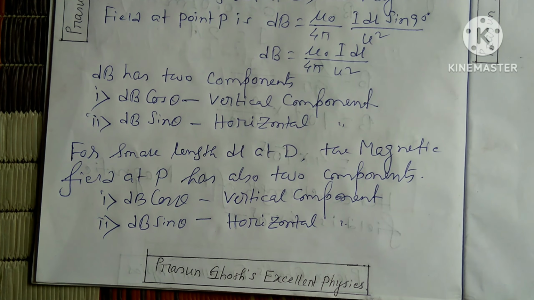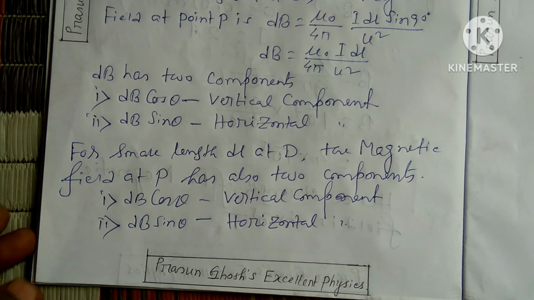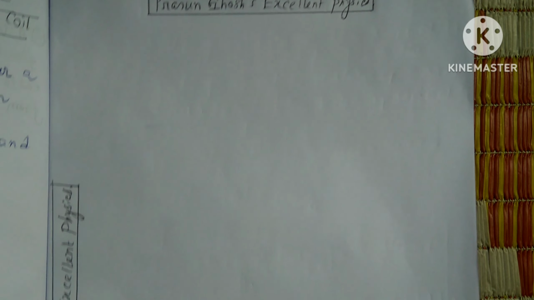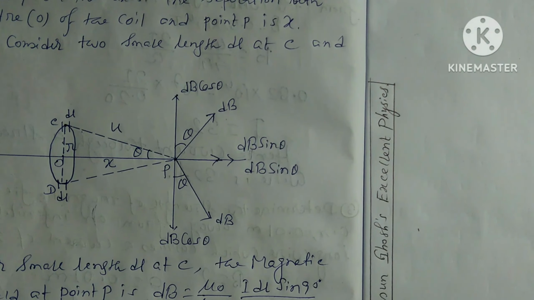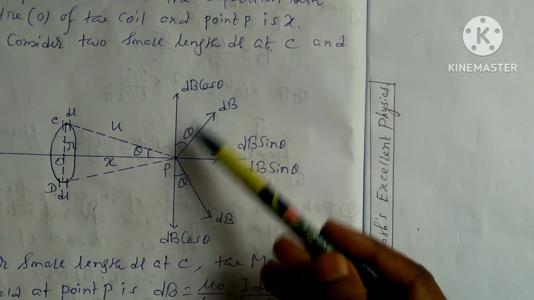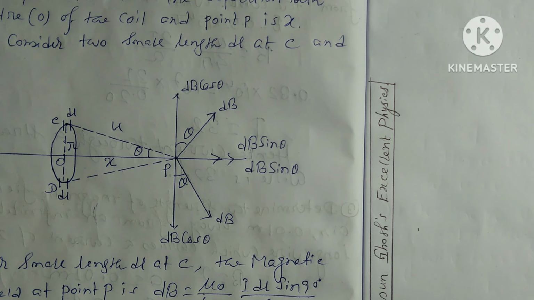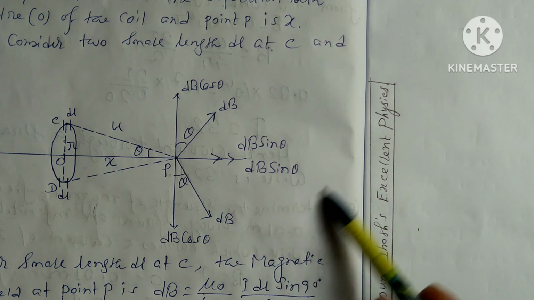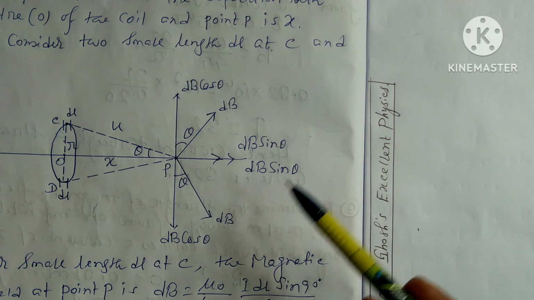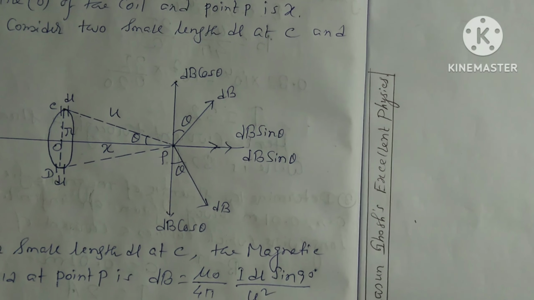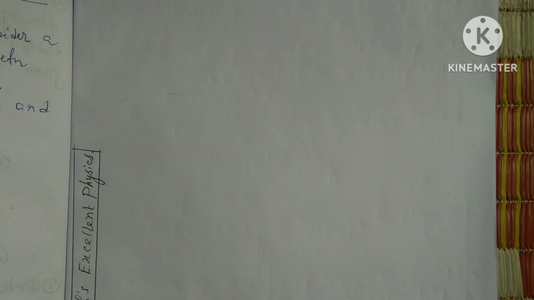So next we have to know, from this diagram, that dB cos theta and dB cos theta have the same value but opposite direction, so this component will be cancelled, only this value exists. So the vertical component is cancelled.